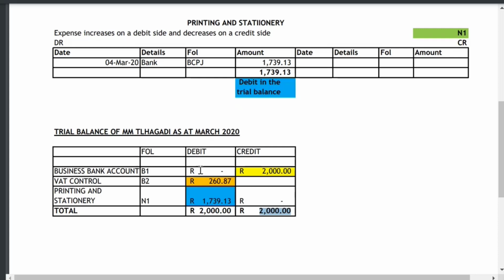The debit side has 260.87 and also 1739.13. Those two added together give you 2,000. So your debit side must always equal your credit side.